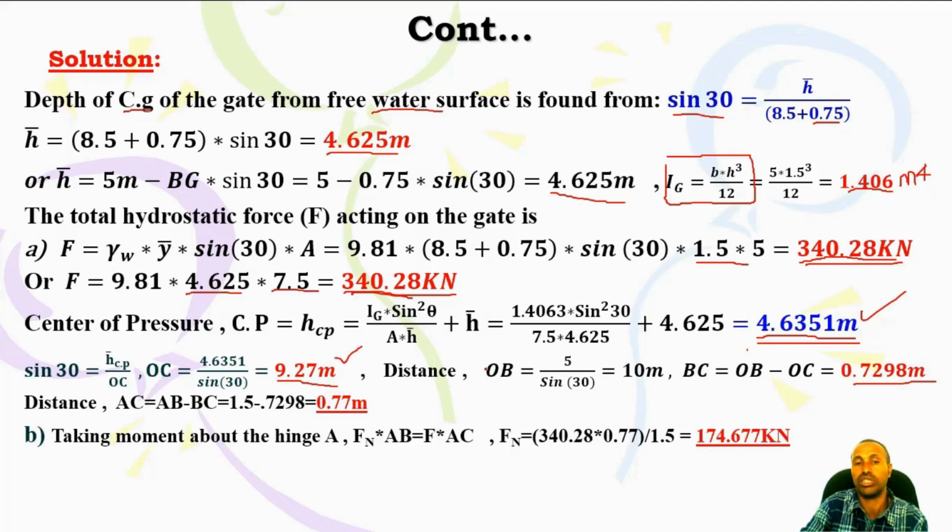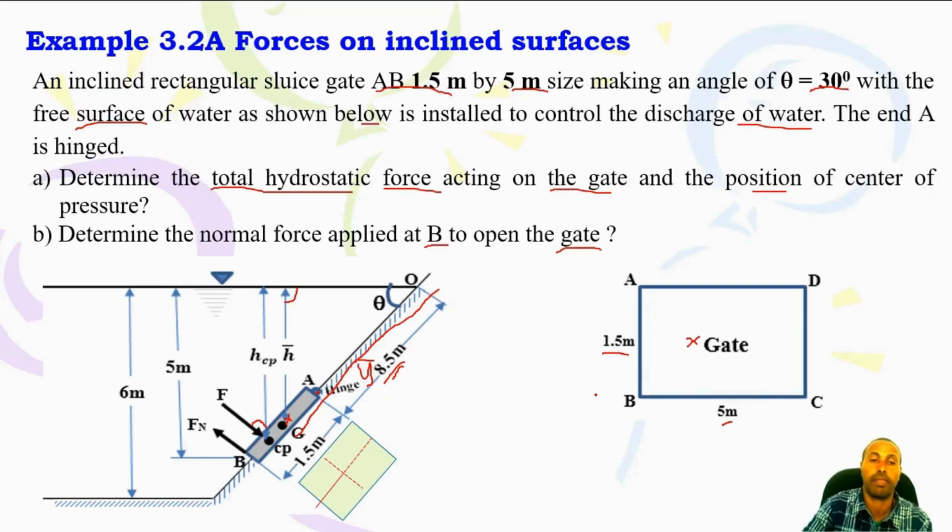Distance OB is 5 over sin 30. We go back: 5 is this one, so the distance O up to B is this one. You follow the triangular approach: sin 30 is 5 over OB.